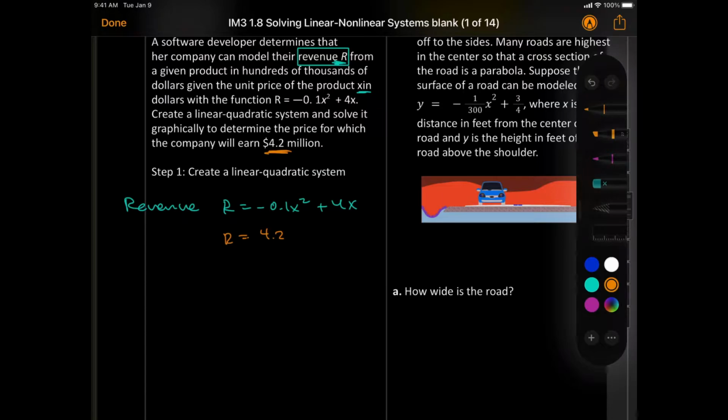So it says hundreds of thousands of dollars, so 100,000 times 42 would give me the 4.2 million. So what I'm trying to say is that number is 4.2. Okay, so those are my two equations.